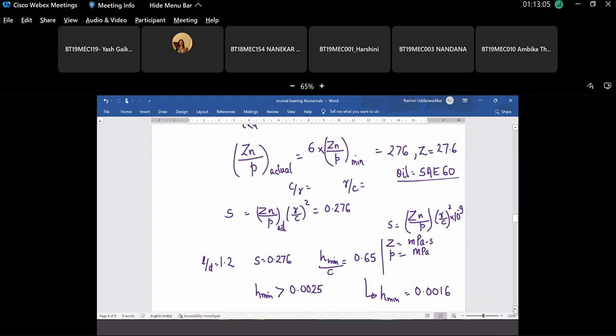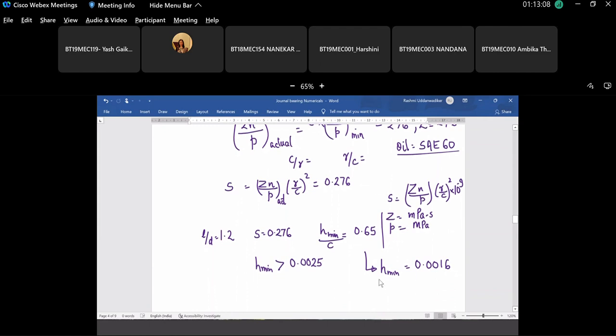If we change, this is not a case of hydrodynamic lubrication. What is the value of L by D you are trying now? Say 1.8.